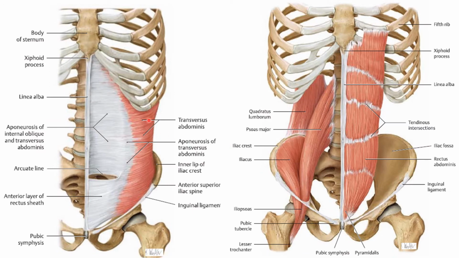Now after the removal of the internal oblique, this is the deepest layer seen here. This is the transversus abdominis. Again, fleshy fibers are seen laterally and the anterior aponeurosis is seen medially. Through the posterior layer of the rectus sheath, it is attached or decussates at the linea alba. As we have discussed, below the arcuate line these fibers all move forward and only form the anterior layer of the rectus sheath.